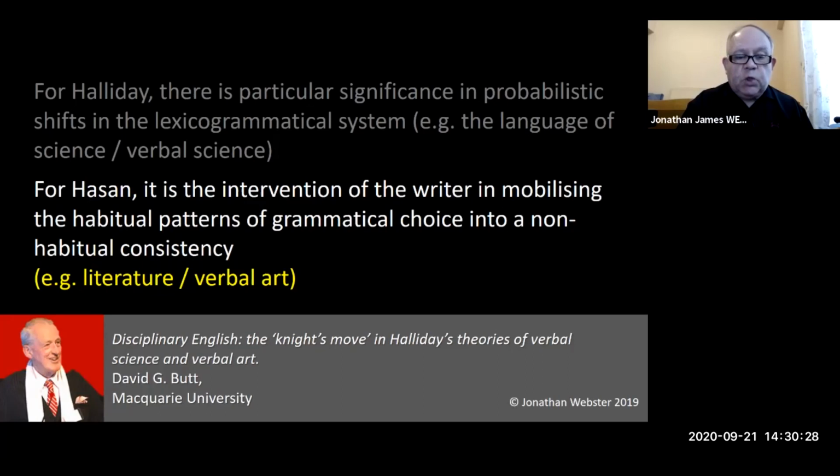Mobilizing the habitual patterns of grammatical choice, taking the way that we actually use language and using it with a non-habitual, unusual, unexpected consistency.